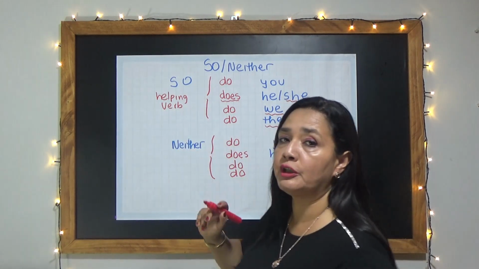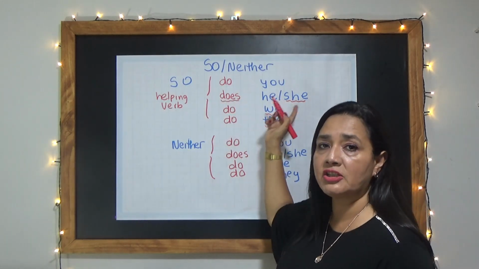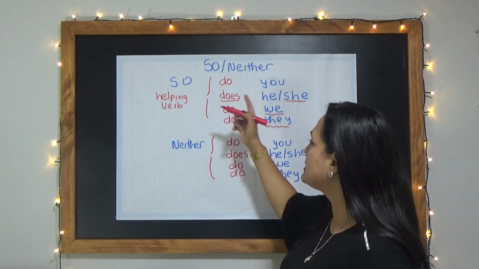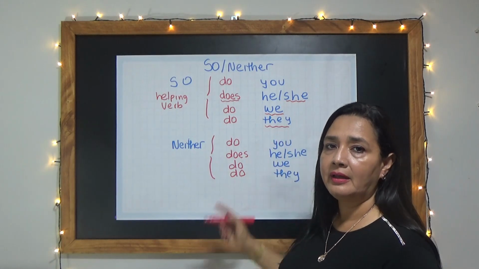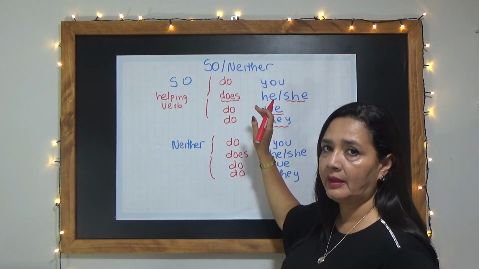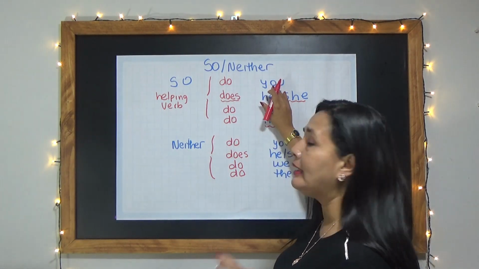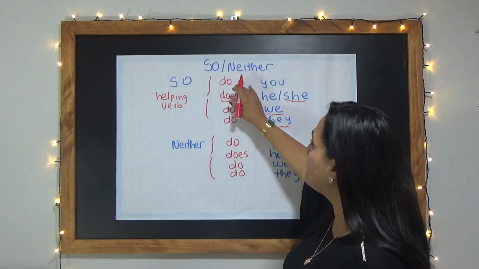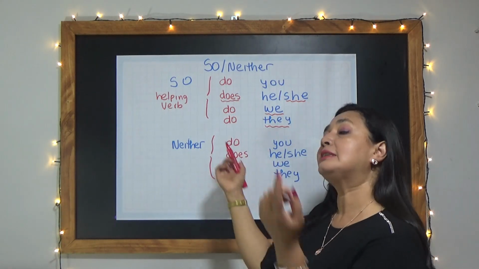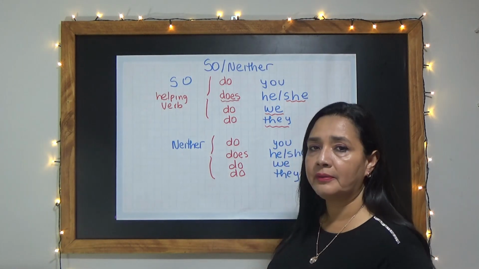We invert the verb. So does he, so does she, so do we, so do they. If we talked about John, we said "so does he". The point is that the pronoun needs to match with the verb, but it's inverted. What about "neither"? It's the same.